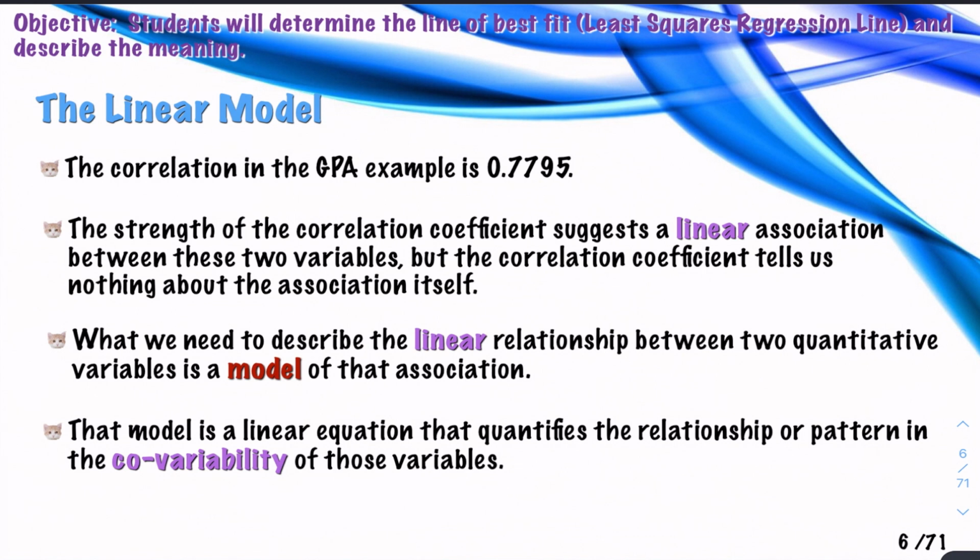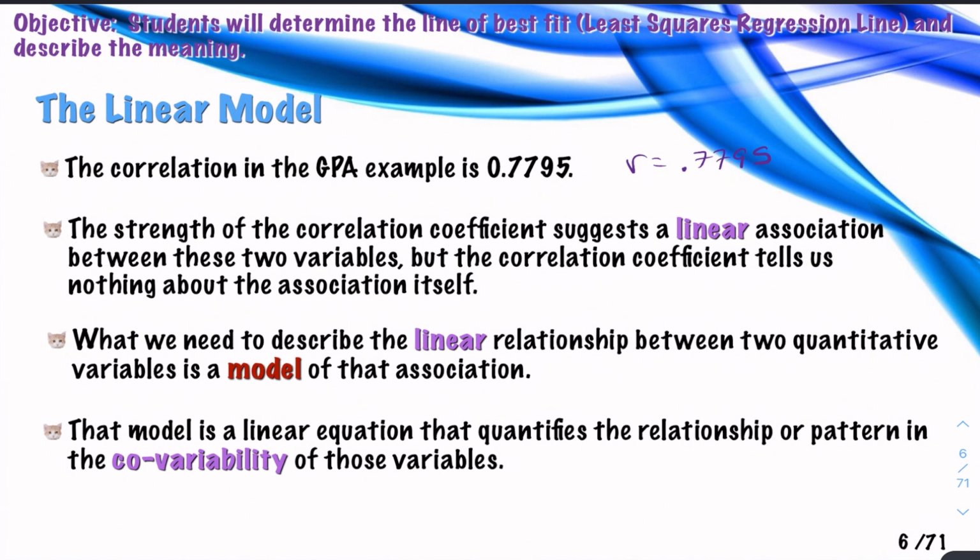If I told you that the correlation in the GPA is 0.7795, or we're saying r equals 0.7795, we can see that is a moderately strong relationship. And the strength of the correlation coefficient suggests a linear association between these two variables, but the correlation coefficient tells us nothing about the association itself.